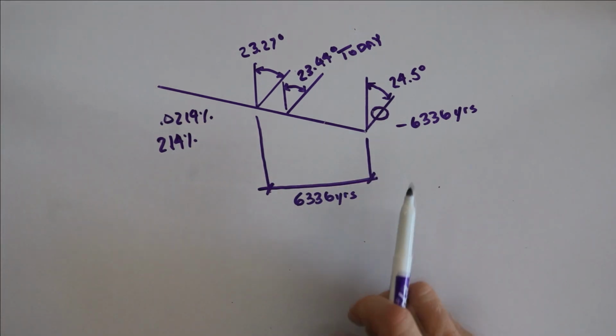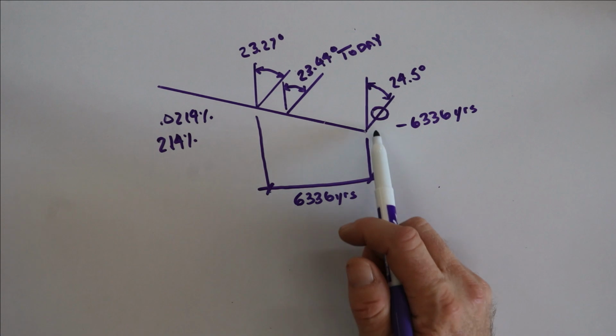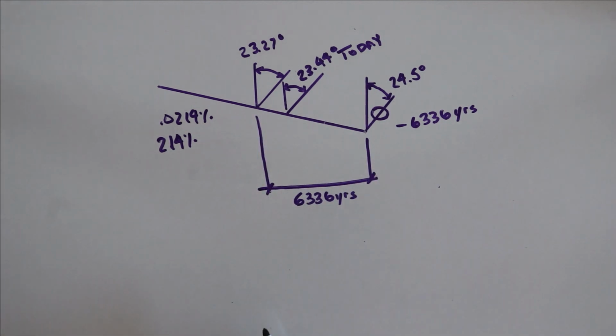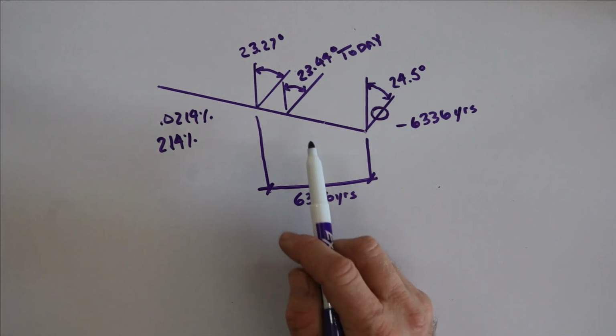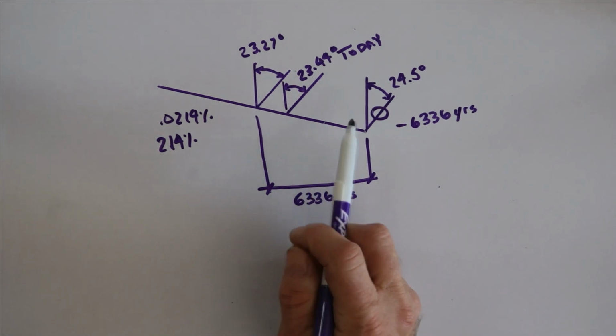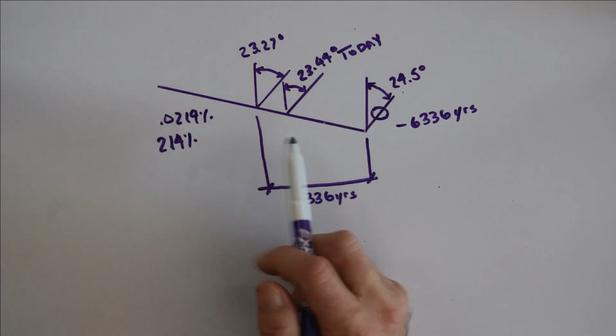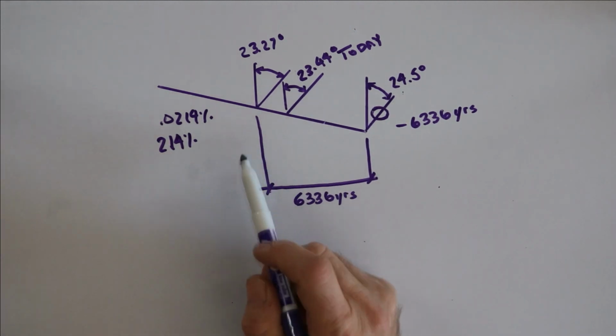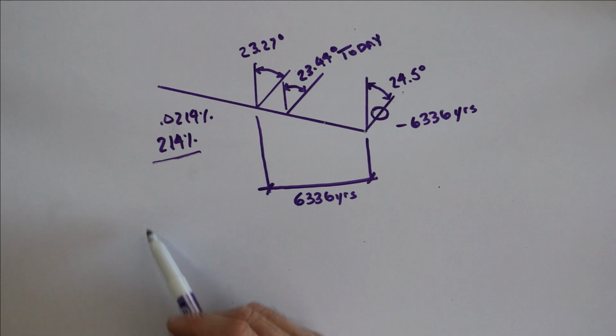So if it takes 6,336 years to go from here to here, as we saw earlier, then we can figure out how long it will take to get from this point, 24.5, to this point, 23.44, at a 2.14% slope.